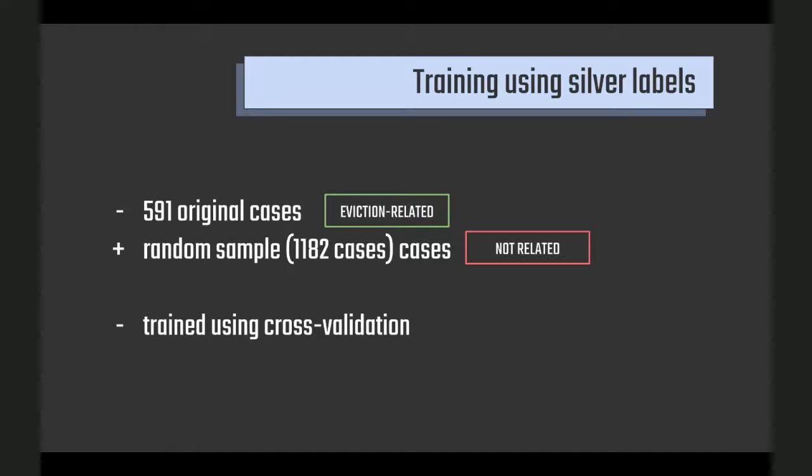And then once that is done, we would take two of the other parts and test on the first part, and so on until we trained and tested on every single case. By doing that, we were able to see which cases the system has the most confidence in.